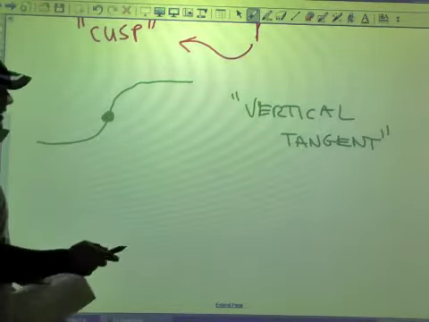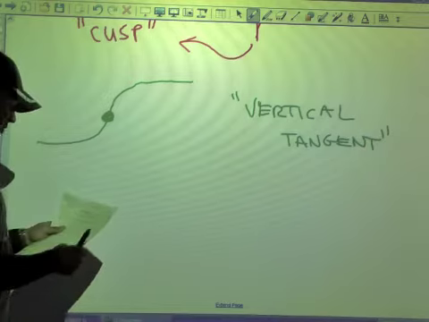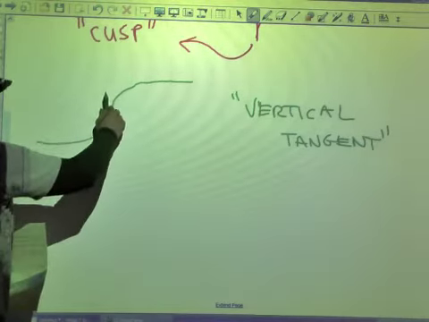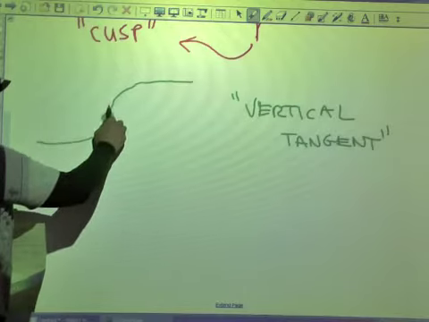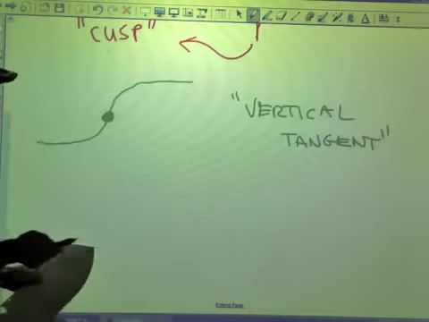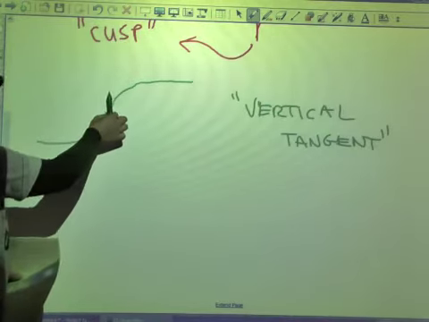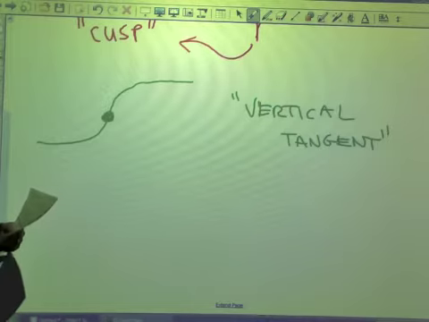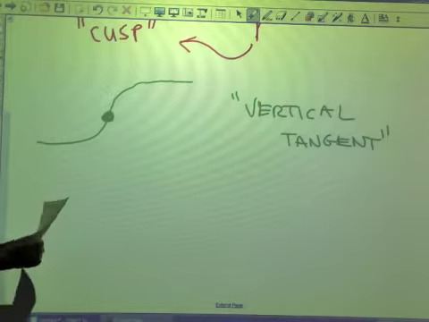The reason in this particular case is not quite the same. Here, the left and the right sided derivatives are equal. Even if the tangent line goes vertical, from the left and from the right, we're still approaching the same value of positive infinity. But here we say that it's not differentiable because there's not a finite answer.